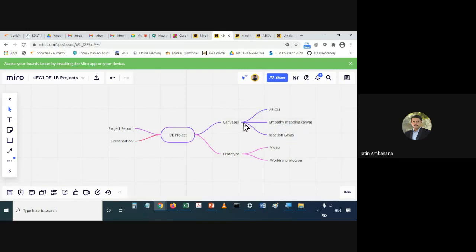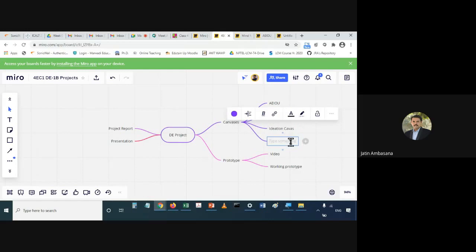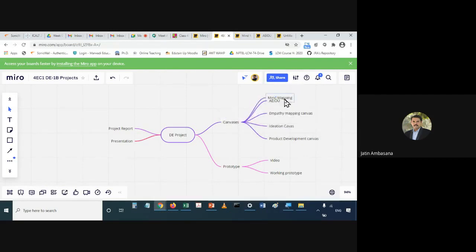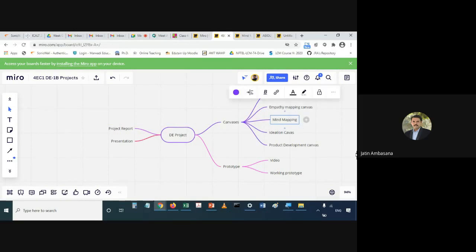You also have to follow the product development canvas, right? And then you may also need to do mind mapping of your work, and we can take this mind map above, or it may even take it over here in between, right? This is the proper place.